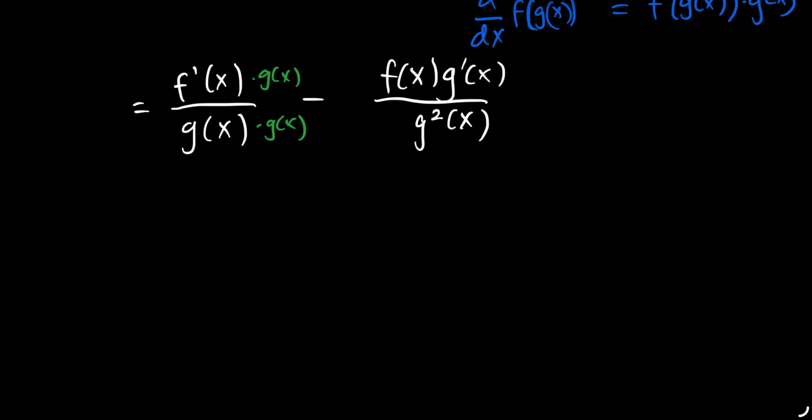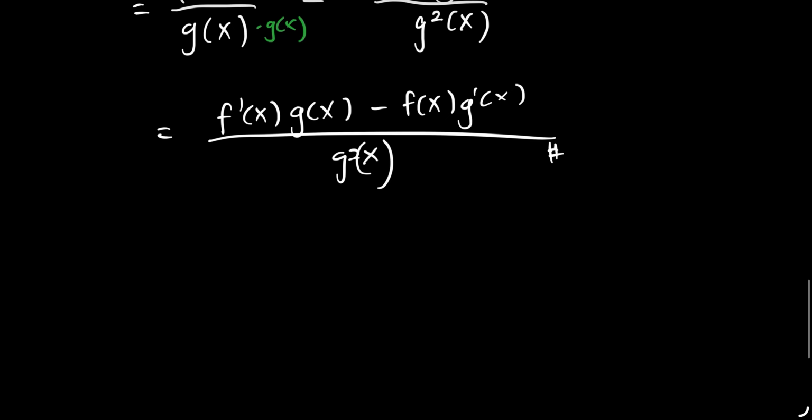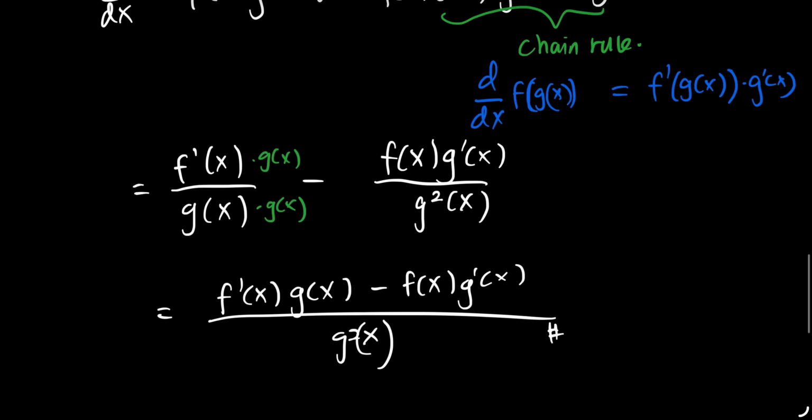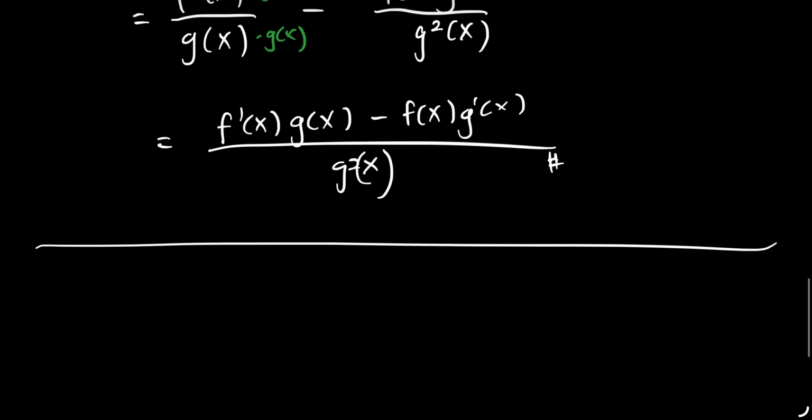Now this is the same thing as f prime(x) g(x) minus f(x) g prime(x) over g squared(x). We proved it. So now we have proved every single identity. I think I'll leave the chain rule for another video. Thank you.